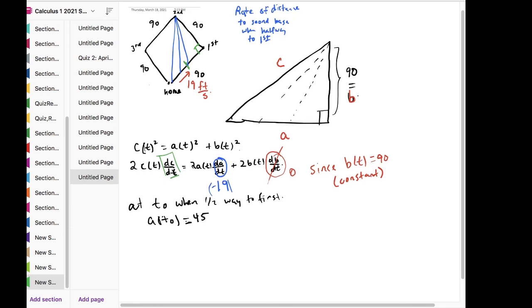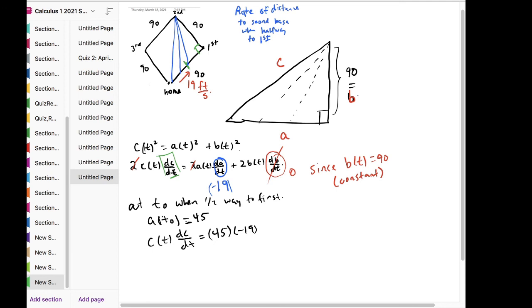So first of all, the 2's cancel. We have c(t) dc/dt is equal to 45 times negative 19.